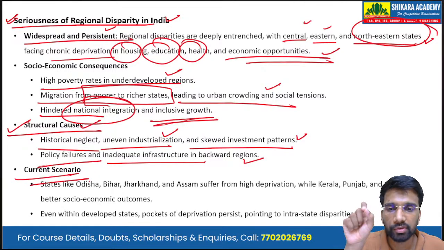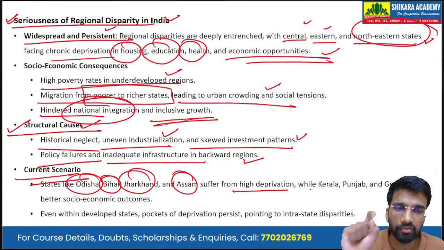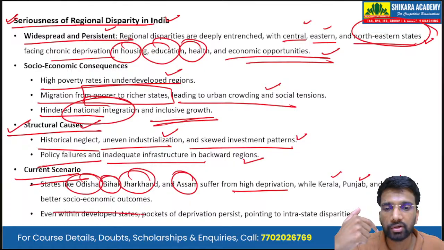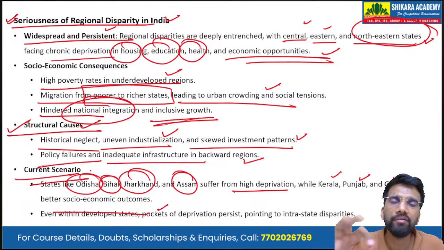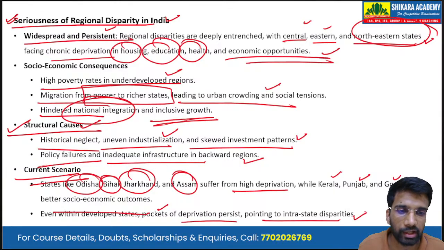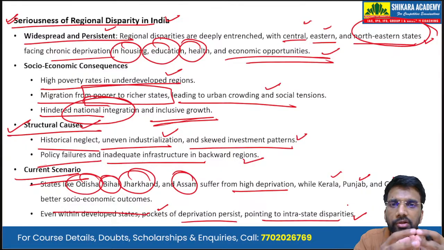Talking about the current scenario, states like Odisha, Bihar, Jharkhand, Assam suffer from high deprivation, while states like Kerala, Punjab, Goa enjoy better socioeconomic outcomes. Even within the developed states, pockets of deprivation persist, pointing to intrastate disparities. If we take an example of intrastate disparity, we can give the example of Maharashtra. Maharashtra is a very large state.